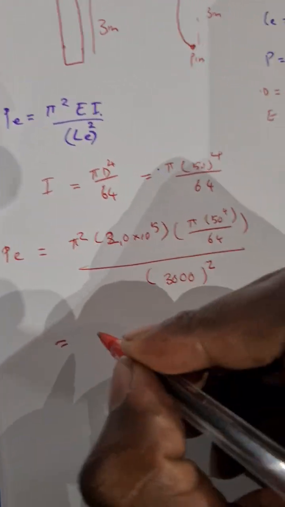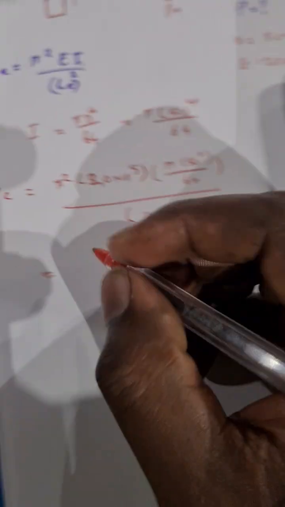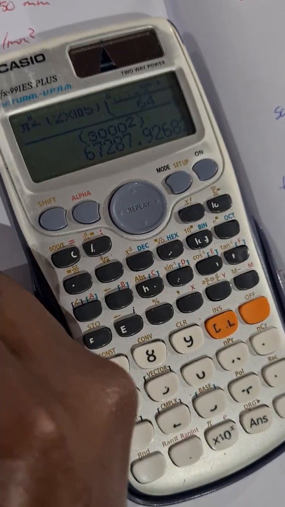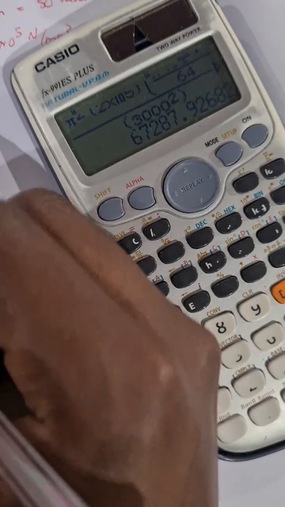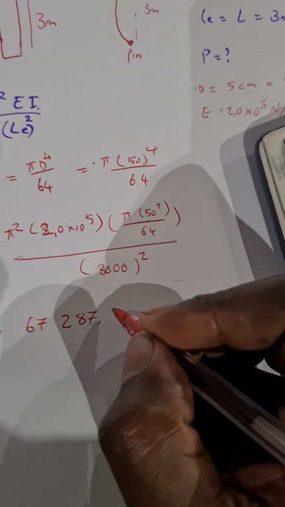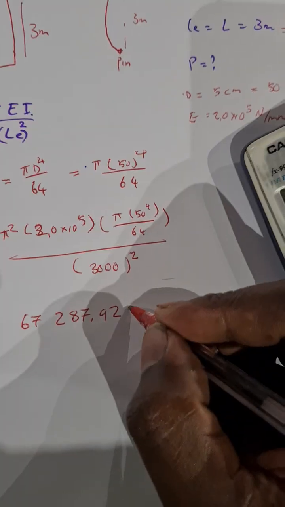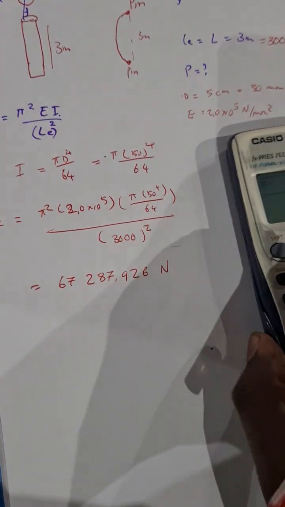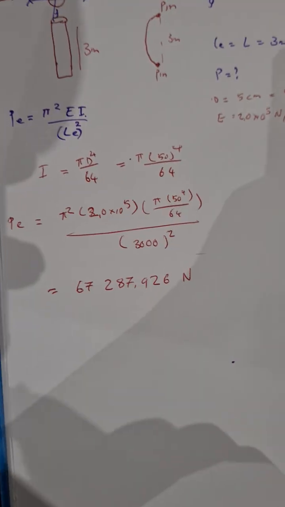Don't be shocked. Most of the time the answers are too big. You must always expect P to be too big. It's not normal, because it's a load for failure, which means the factor of safety is already included. Just keep note of that, in newtons.